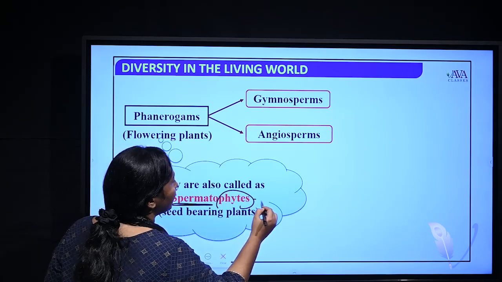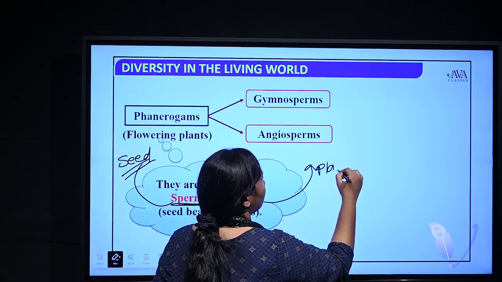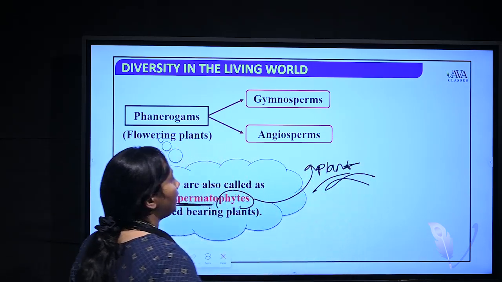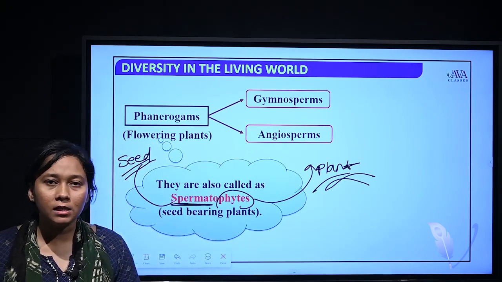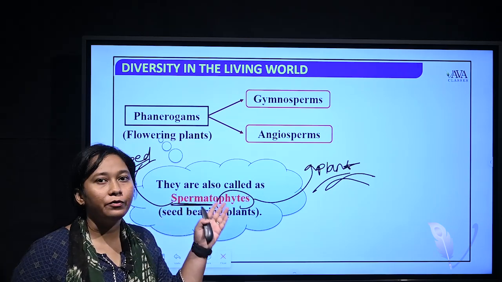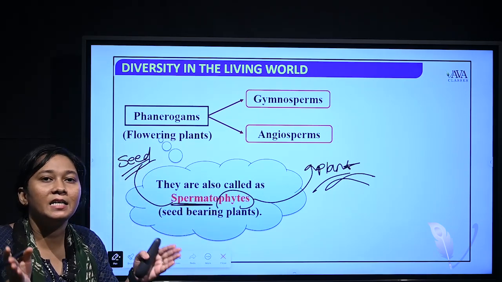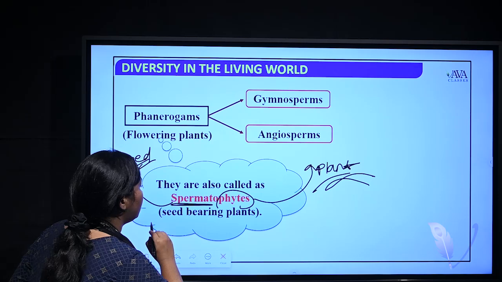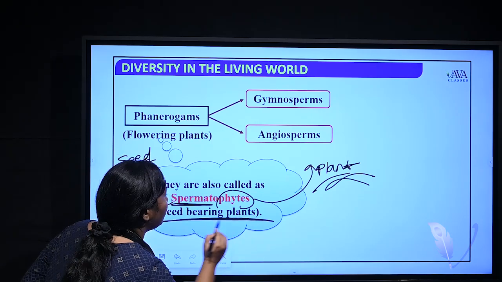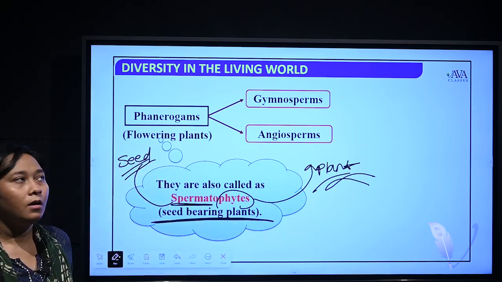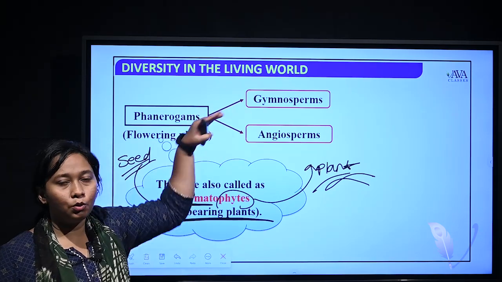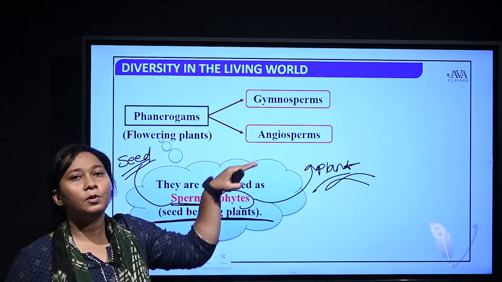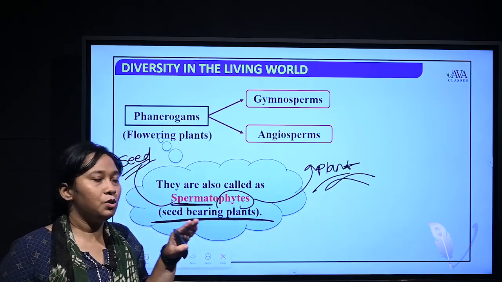Phyte refers to the plant. So these phanerogams are otherwise called spermatophytes, meaning seed bearing plants. Clear? In phanerogams, there are generally two groups: one is gymnosperm, another is angiosperm.